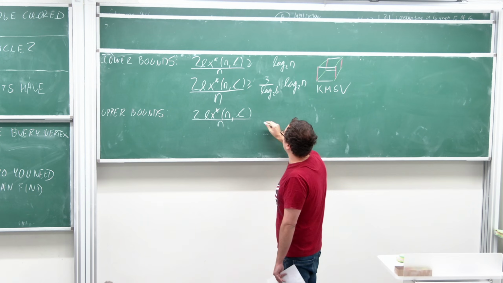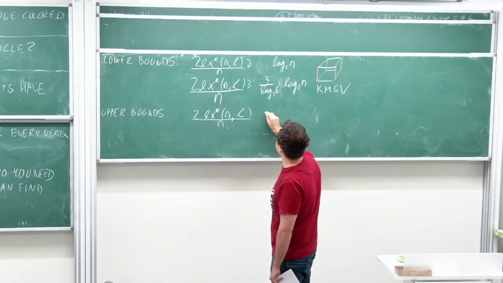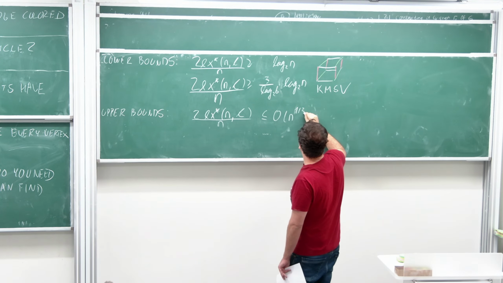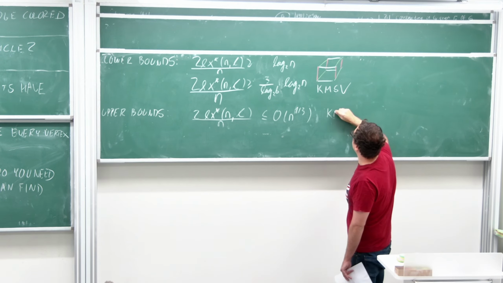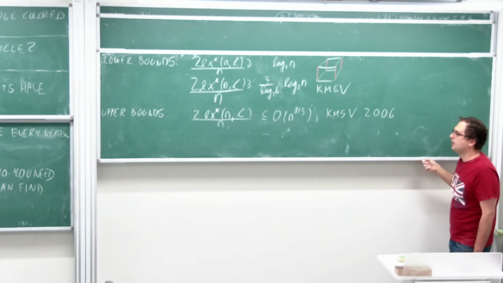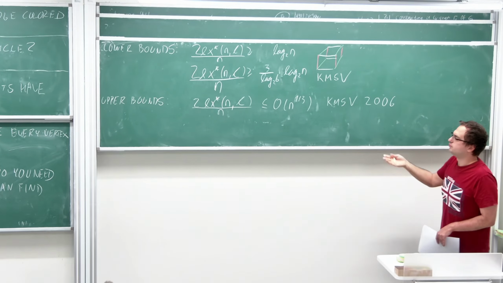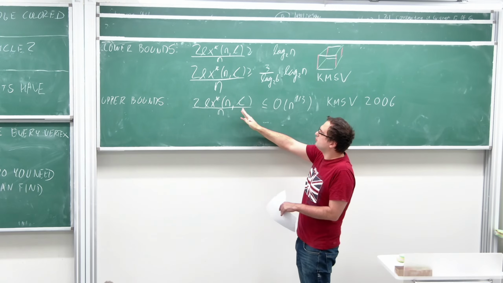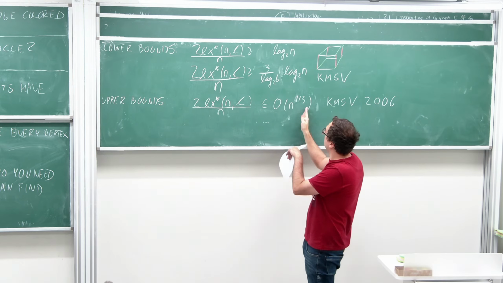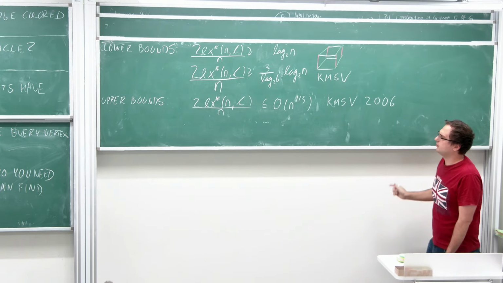So what they got in their paper was that this is at most big O of n to the 1/3. So this is again from the original paper from 2006. And this just came because they said, okay, we forbid a single cycle, and then they had bounds for a single forbidden cycle. So they get this as an upper bound.